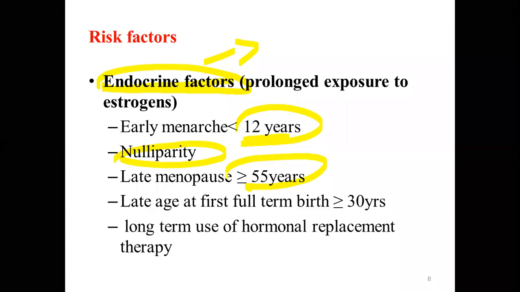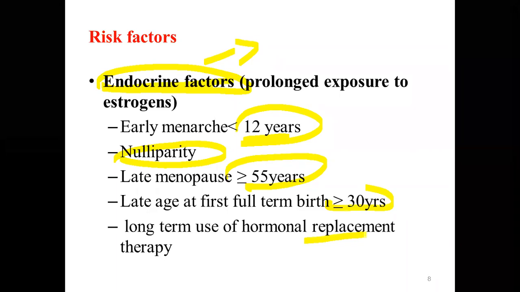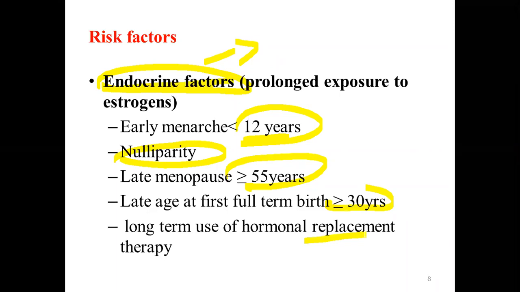Then late age at first full-term birth, above 30 years, and long-term use of hormonal replacement therapy. Either postmenopausal hormonal replacement therapy, or the use of hormonal oral contraceptives for a long period of time, has some chance of increasing the risk of breast cancer.